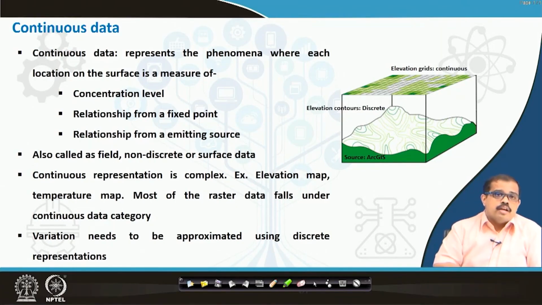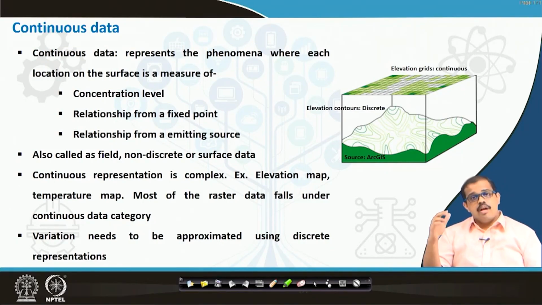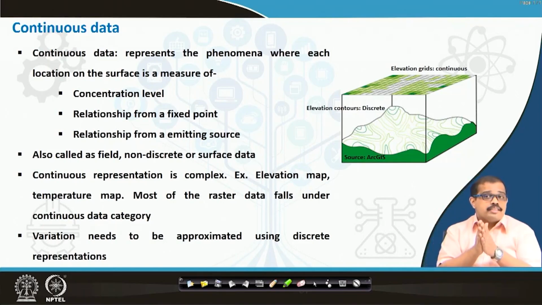Continuous representation is normally complex. For example, elevation maps and temperature maps are quite complex in terms of representation and interpretation. Most raster data fall in the continuous data category, and it is not so easy to differentiate each category in a smooth way as we do in discrete data.